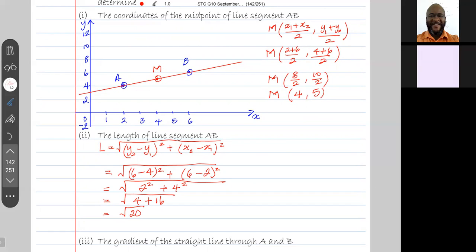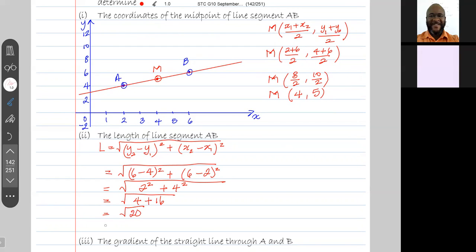All right. So we can use our calculator and work out the square root of 20. I'm bringing up my calculator now. Looking for square root, 20, and then press square root.